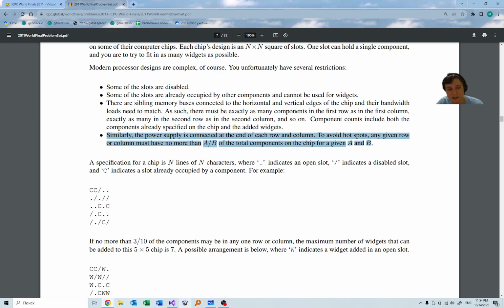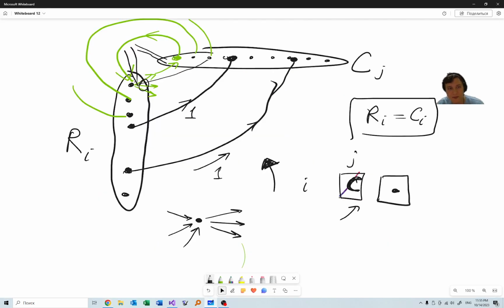So it says that there can't be any row or any column through which the flow is greater than A/B of total flow, of total number of chips.